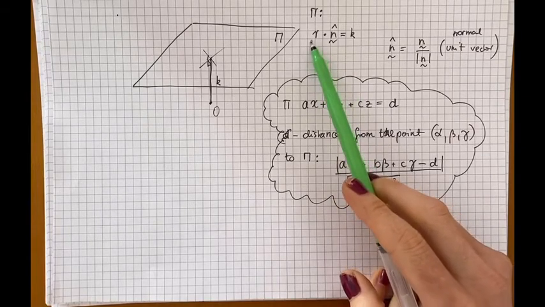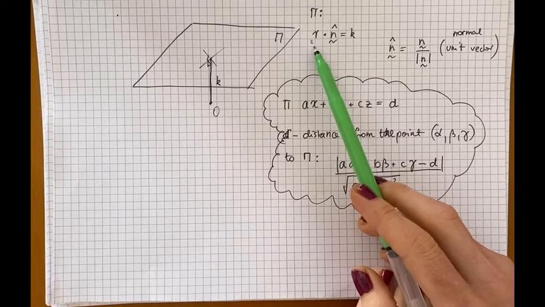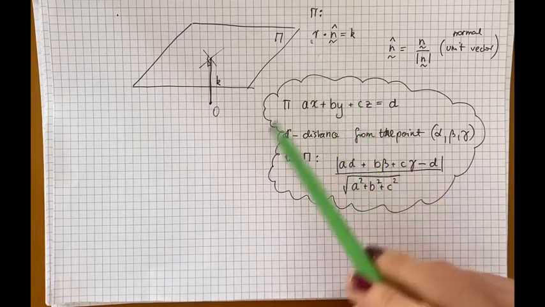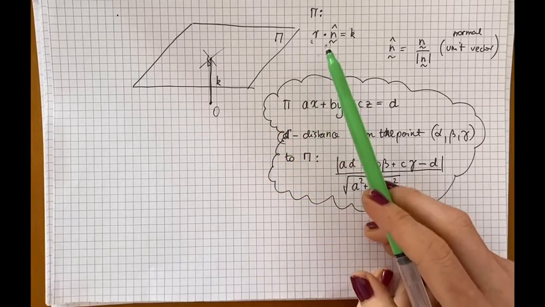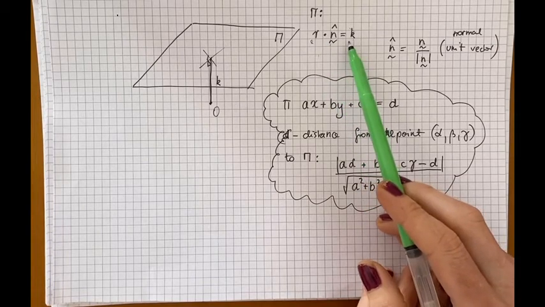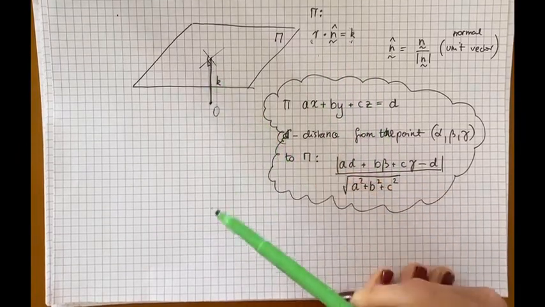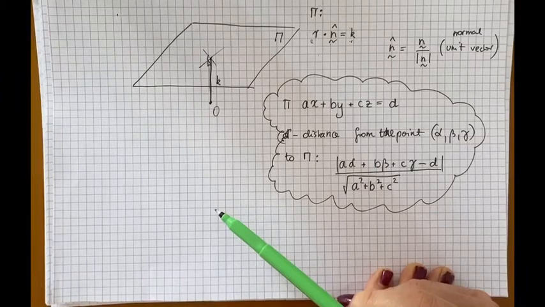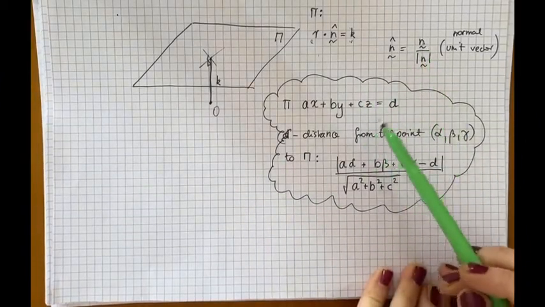So if you were to write an equation of a plane and the normal vector that you are using is a unit vector, so a vector of length 1, then the value you get at the end, that value k here, represents the distance from the plane to the origin. So remember, the unit vector is your vector divided by its length.